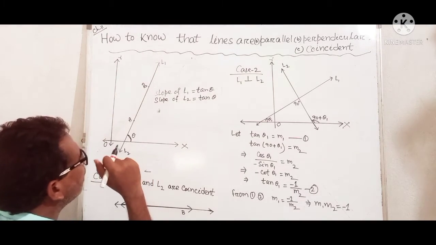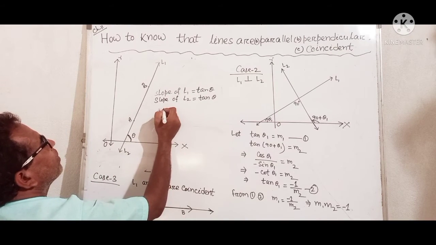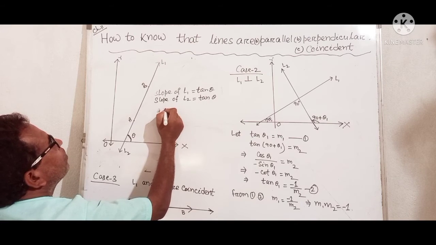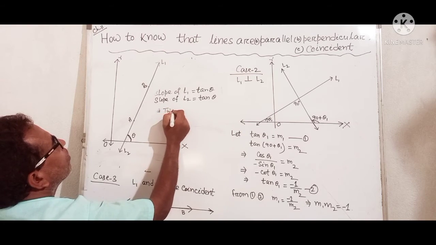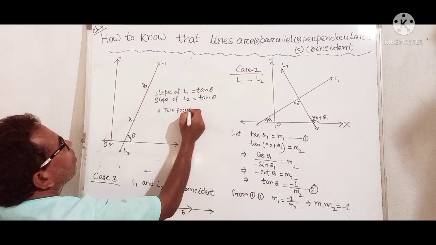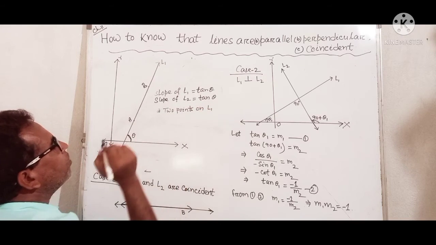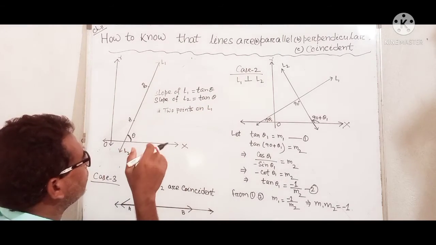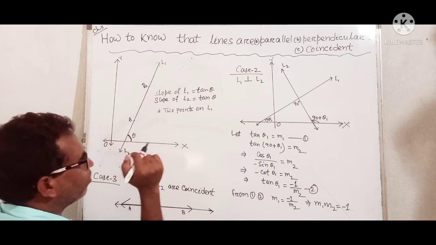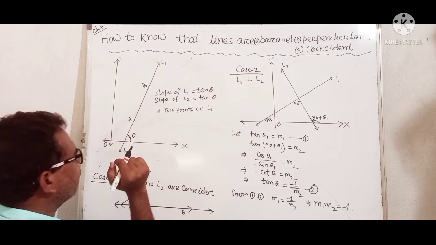The steps are: find the coordinates of 2 points on L1.